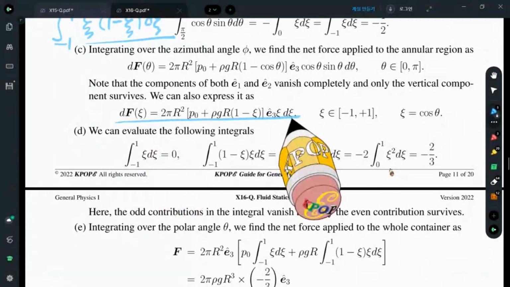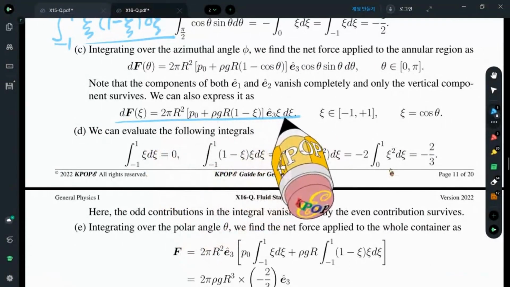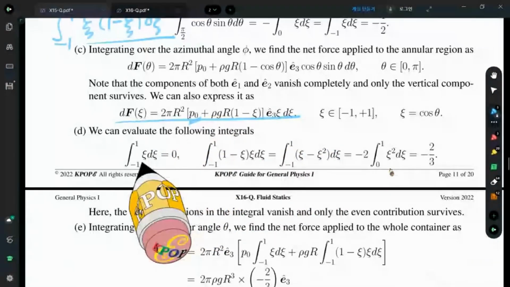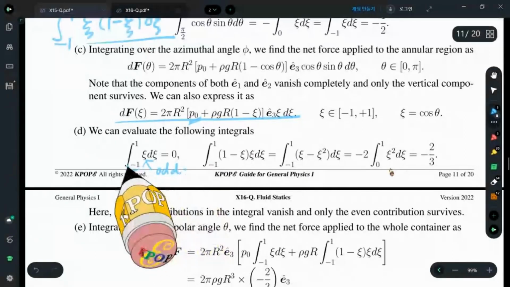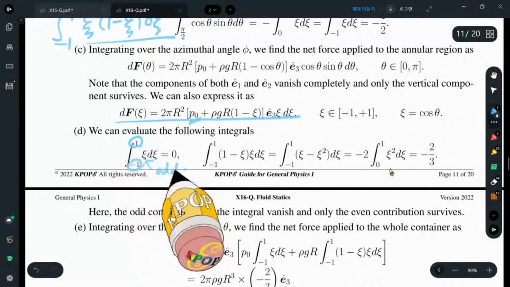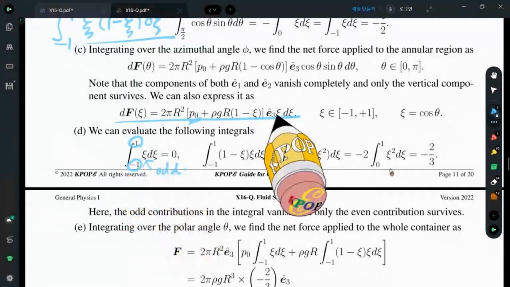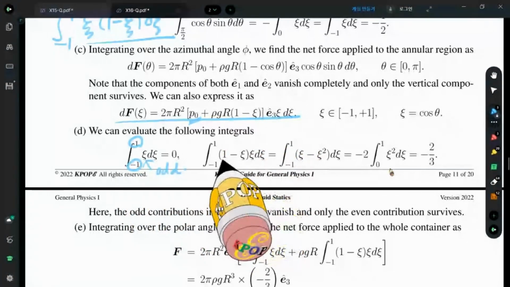This is what I have written. In here, the first term, the p0 term, we have a c integral, and this is an odd function from -1 to 1, so it always vanishes. The other integral is 1 minus c.